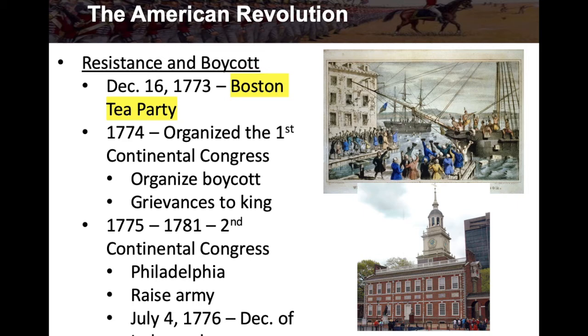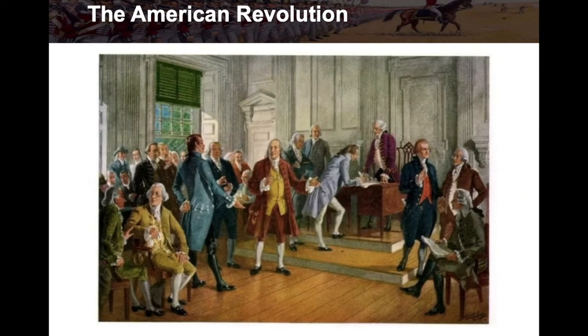This Continental Congress gets together in Philadelphia, and they decide that they're going to raise an army for fighting the Revolutionary War. July 4th, 1776, the Declaration of Independence. And there it is there. I've been in that room. I'm not sure if I have pictures on Facebook of that, but I've been in that room.